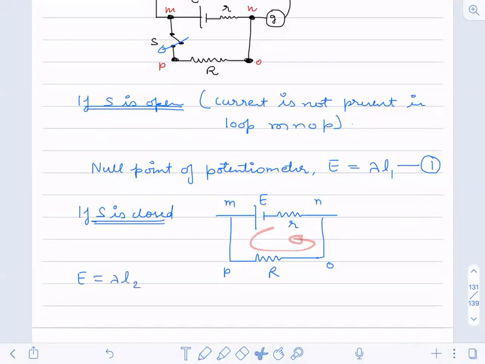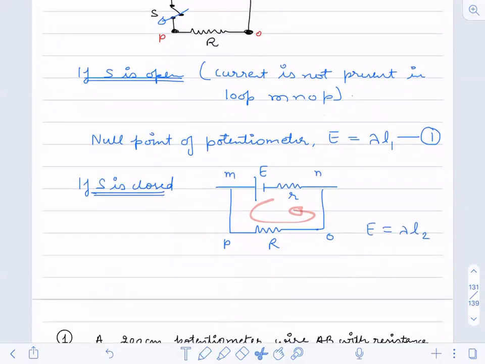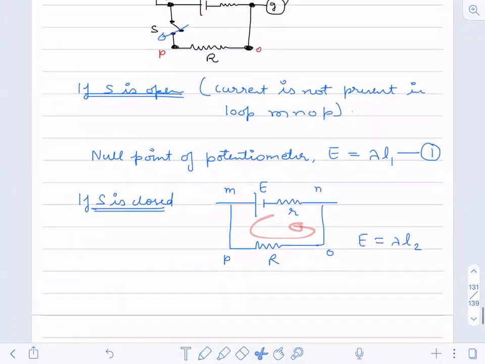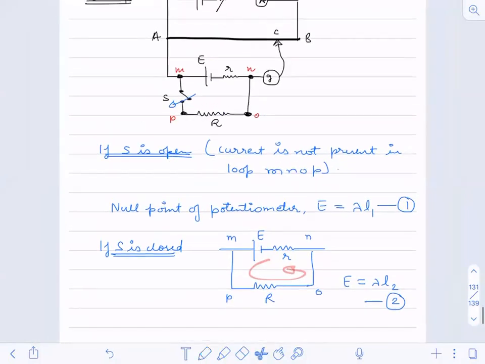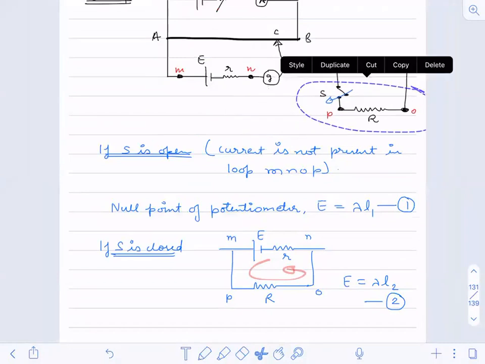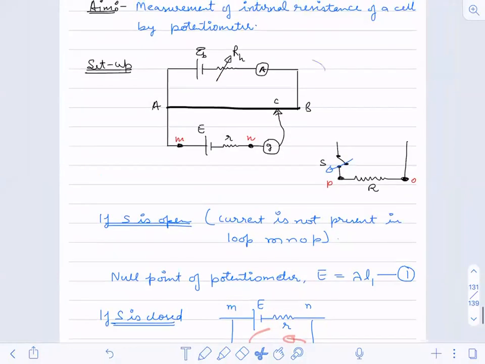Why have I written lambda L2? Because you are connecting a resistance now. In the first case, when I removed this, what is the balancing length?